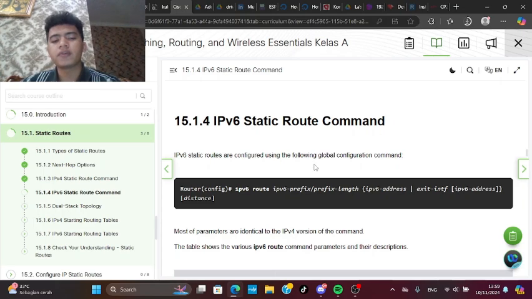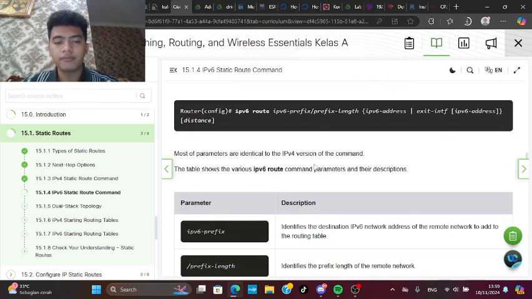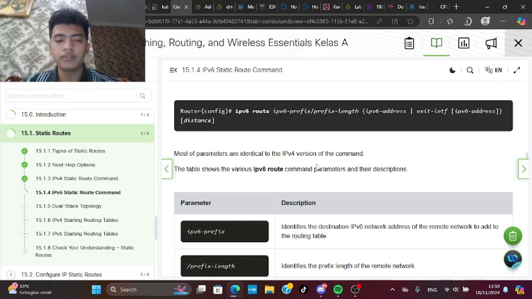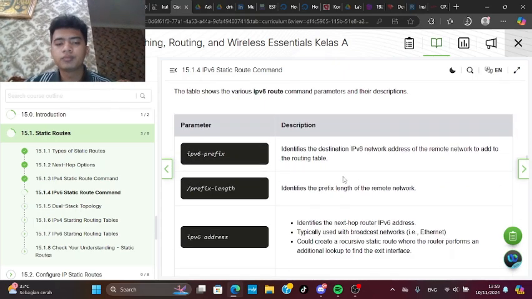And then we have the distance. Most of the parameters are identical to the IP version 4 command. The table shows the various IP version 6 route command parameters and their descriptions. Here is the table of descriptions for the command above.